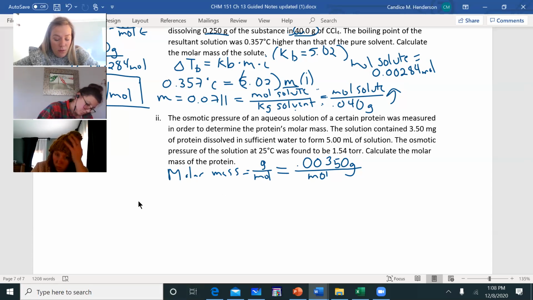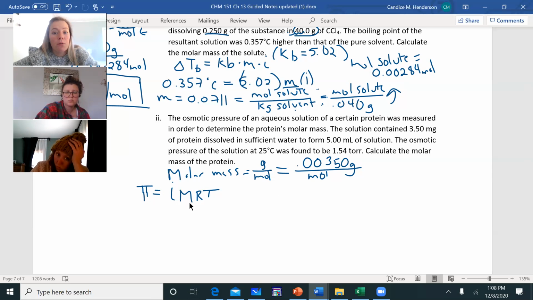We could use, we've got our osmotic pressure, pi, is equal to my I value times my molarity times my R times my T. You could use this one, solve for your molarity, and then divide it by the volume. Or we could use the other equation, which is I times moles over liter times my R value times my temperature.